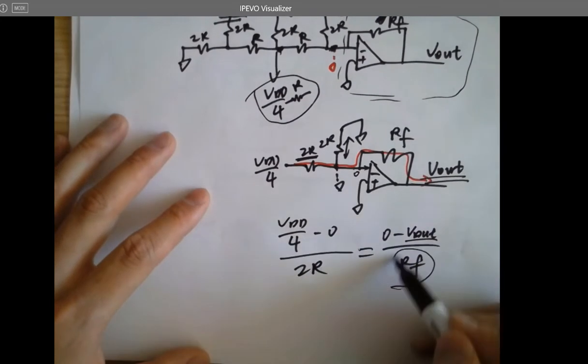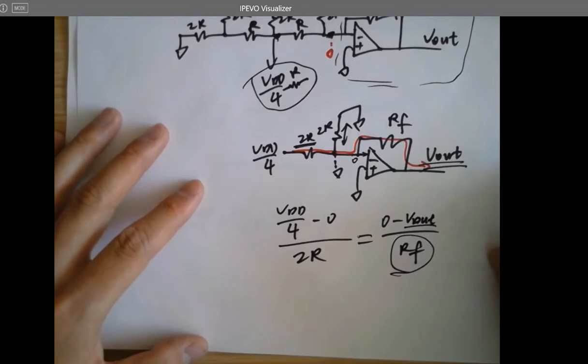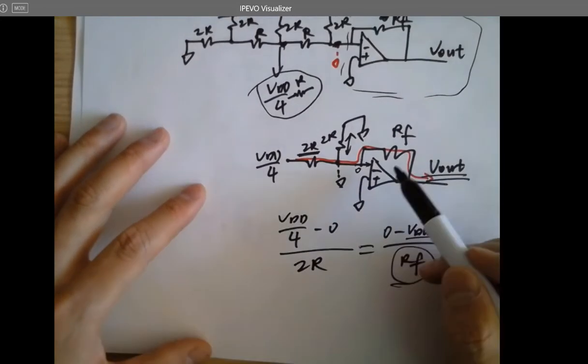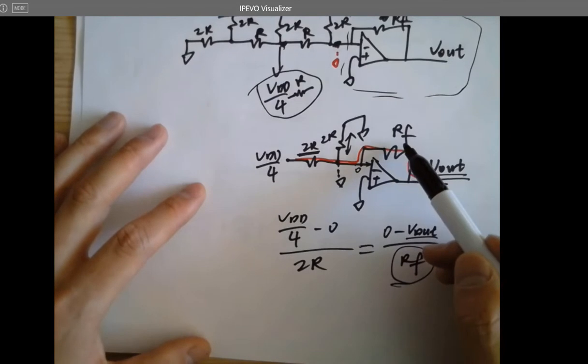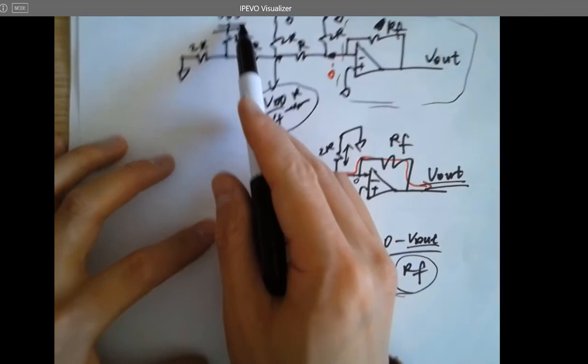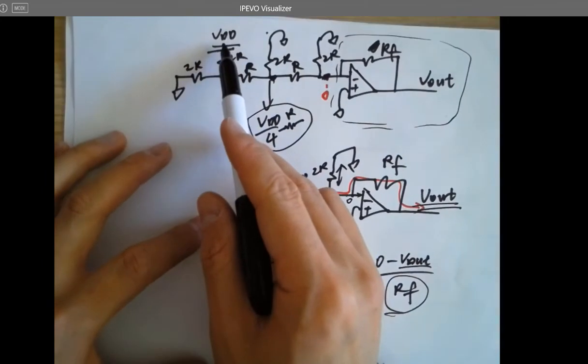So what is RF? You just need to design this op-amp to let the feedback resistor be something, so you can get 1 LSB whenever you are injecting 1 LSB to the input.